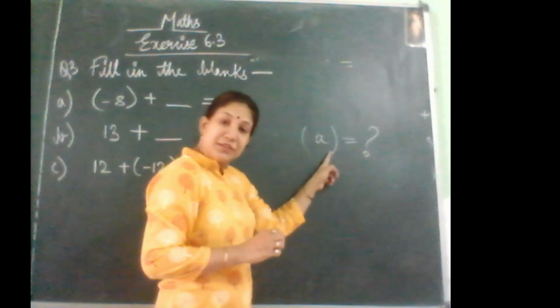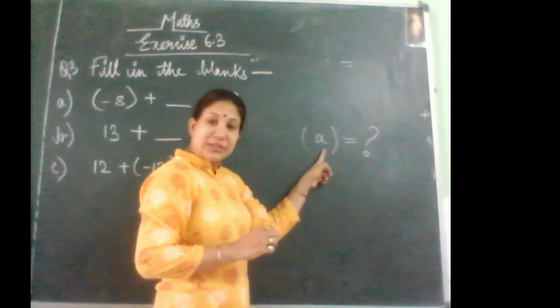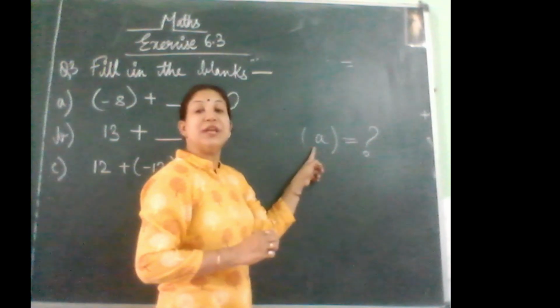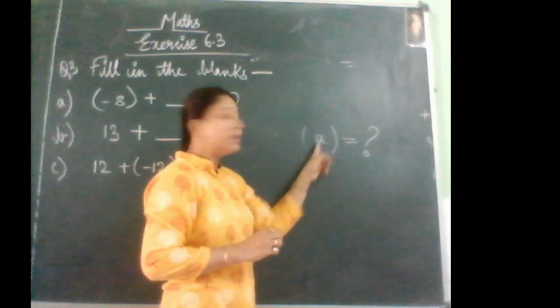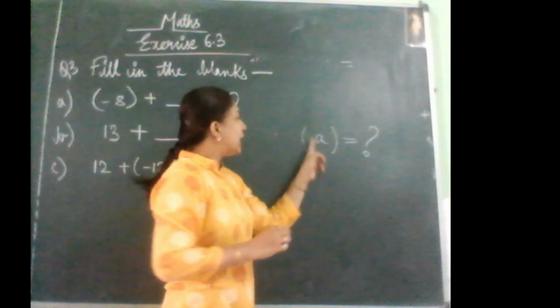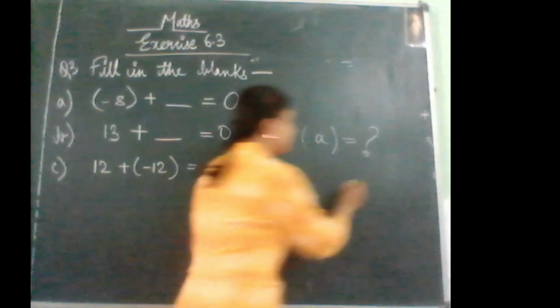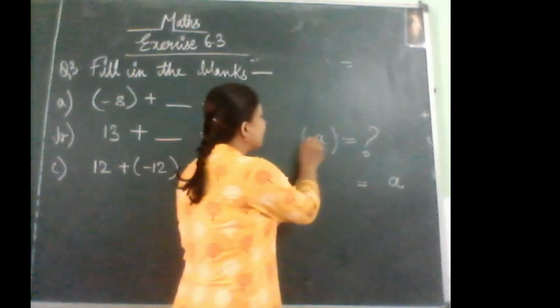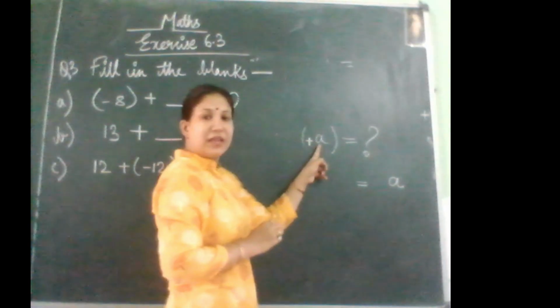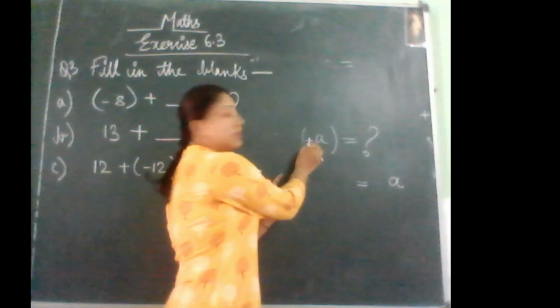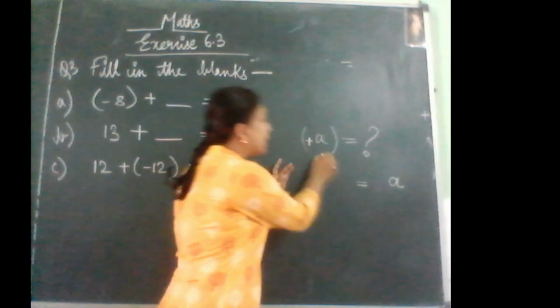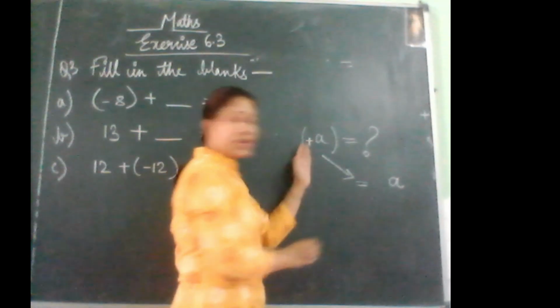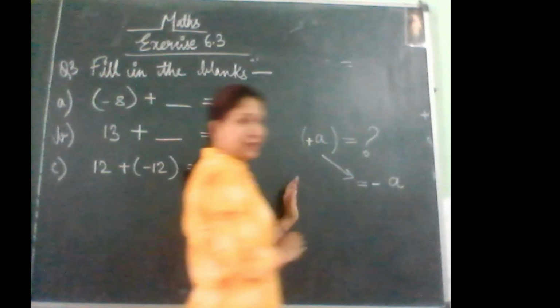The number will be the same but there will be a change in sign. Here with a there is no sign. That means this is plus a. So the additive inverse of plus a is minus a.